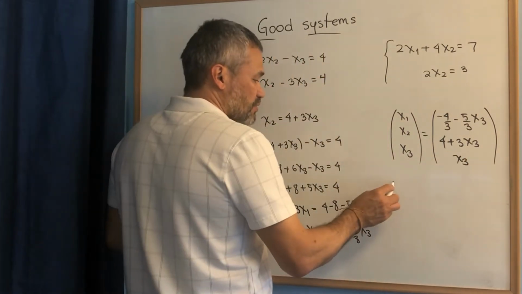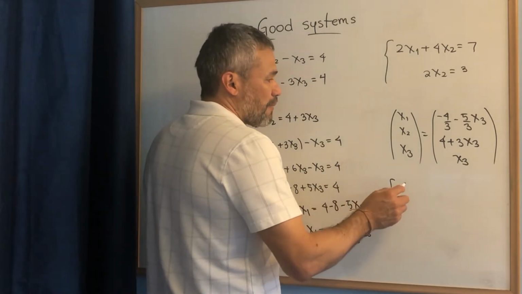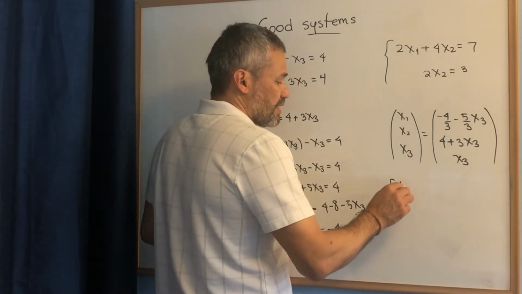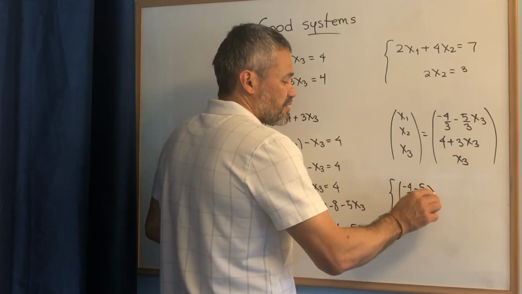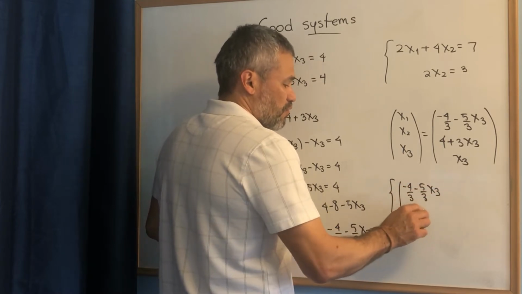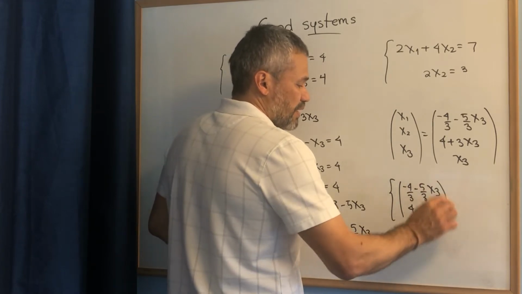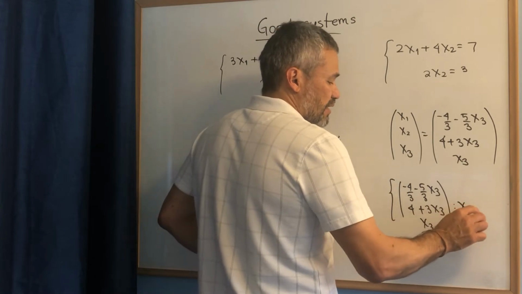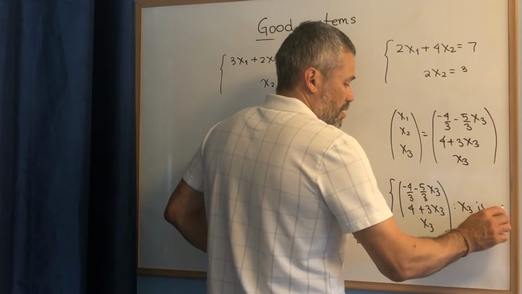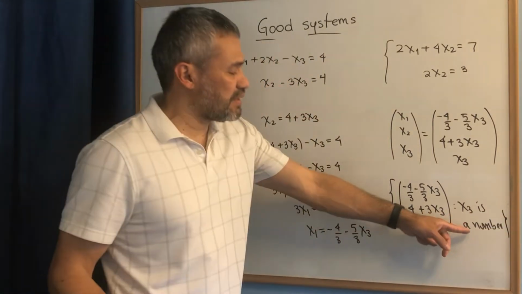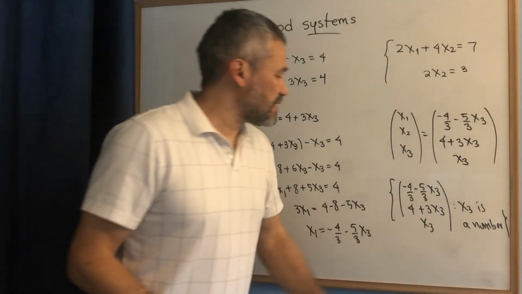That means that if we want to write the solution set in a set form, then we have that this can be written as negative 4/3 minus 5/3 x3, 4 plus 3x3, and then x3, such that x3 is a number. I'm going to write a number instead of a real number because sometimes we're going to be considering complex numbers.